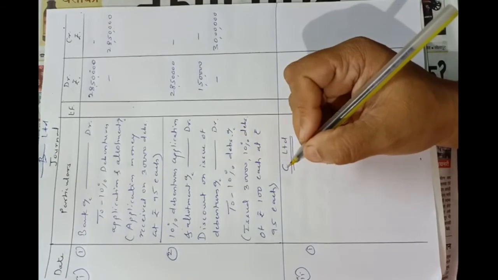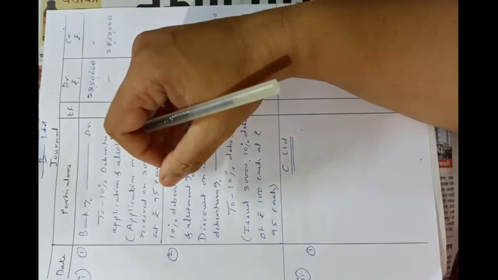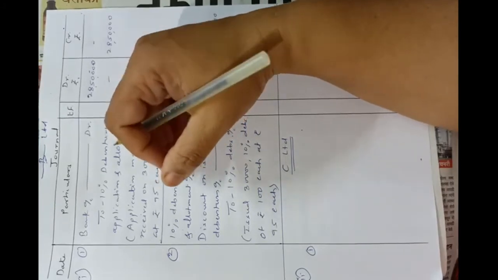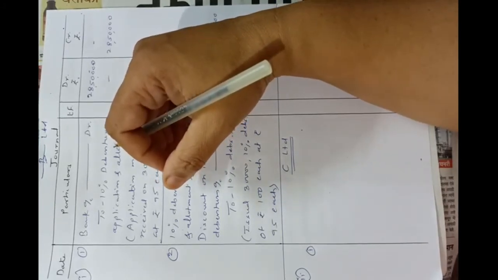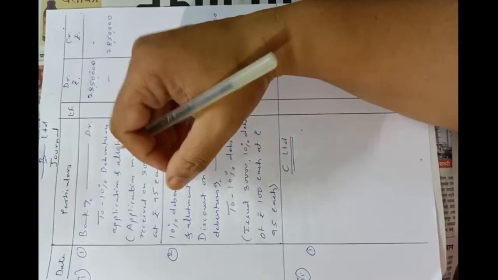See the condition. C Limited issues 10% debentures of ₹100 each for the total nominal value, that is face value, of ₹40 lakhs. So as I have discussed with you already, 40 lakhs divided by the face value 100, so number of debentures will be 40,000.